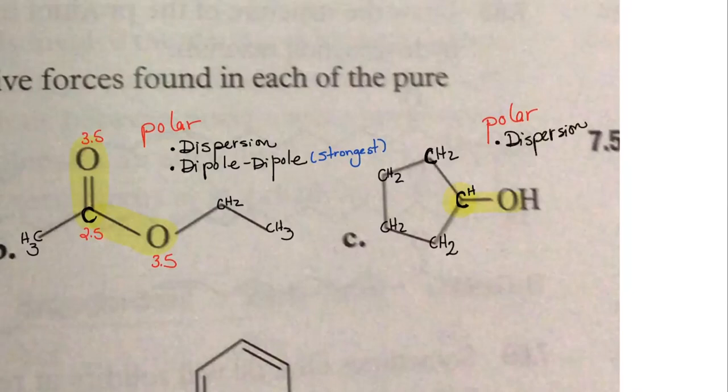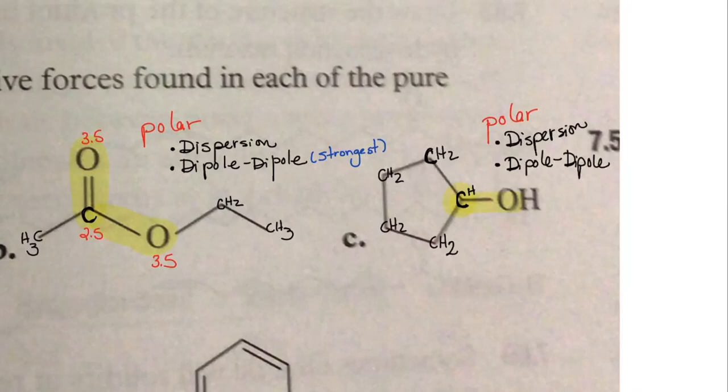Now, we already determined that this molecule is polar. So will it have dipole-dipole attractions? Yes or no? There you go, exactly. Yes, so it's going to have dipole-dipole attractions.